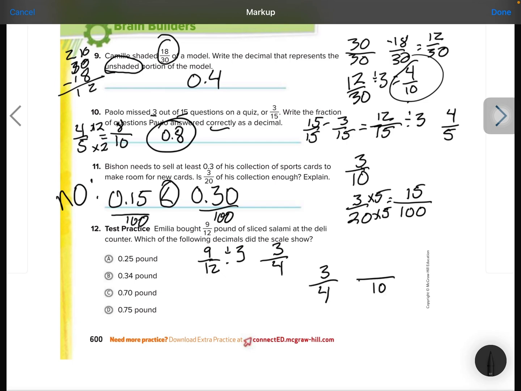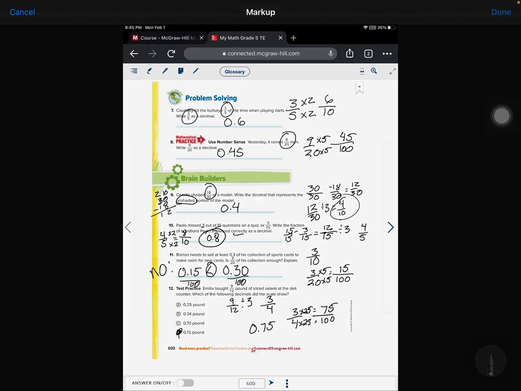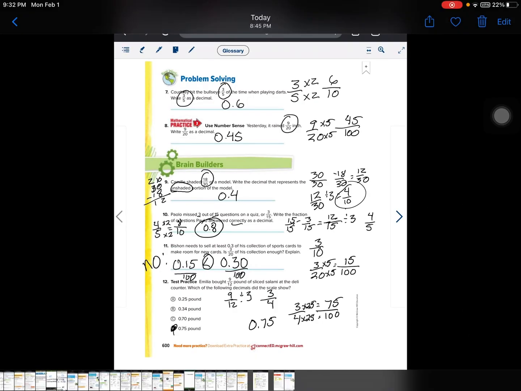Now we can take that simplified fraction and find an equivalent fraction. I know 100 will work. 25 will go into it. 3 times 25 is 75. So we're going to find 75 in the hundredths position. So there's the whole number, and 75 in the hundredths position is D.